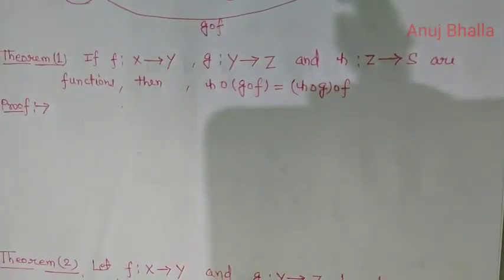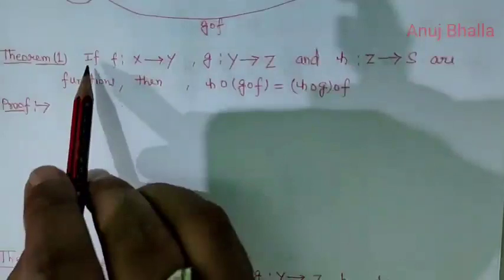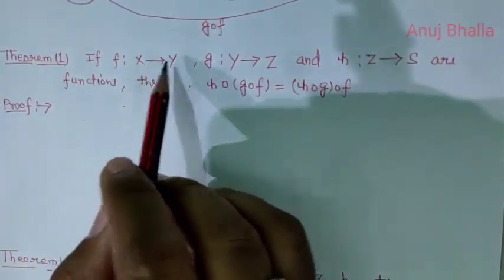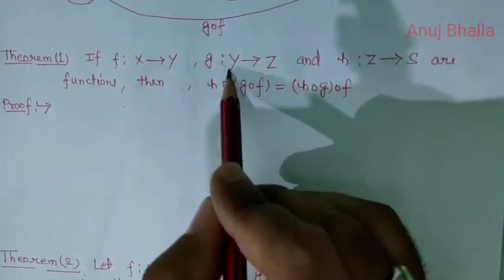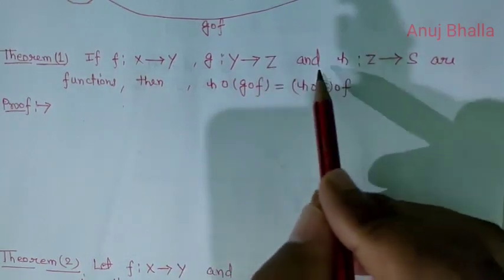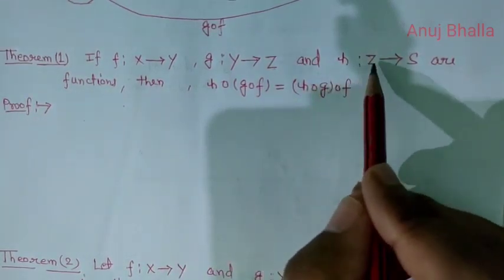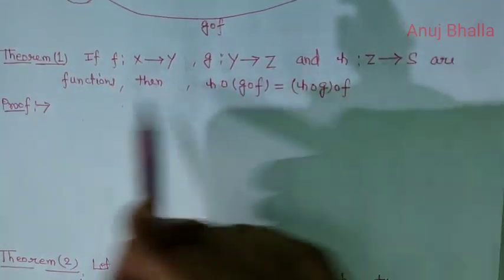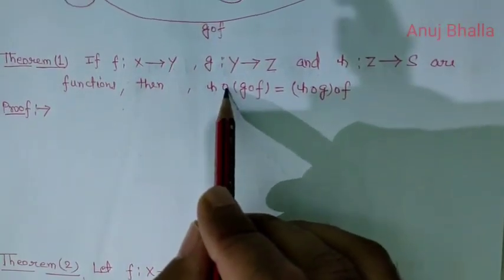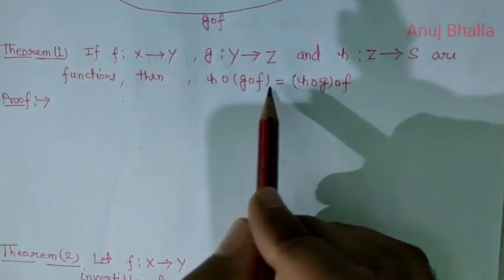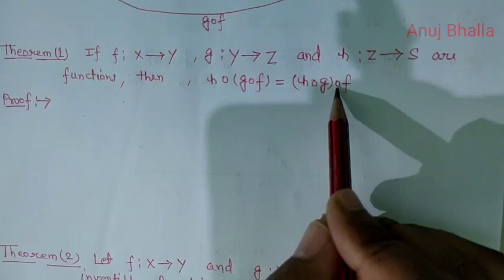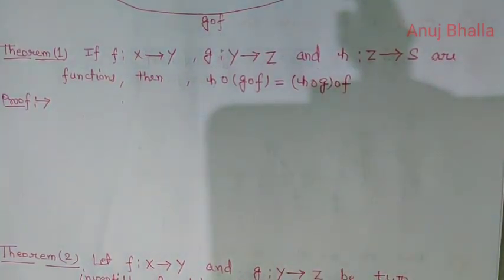Now, theorem: if f from X to Y, g from Y to Z, and h from Z to S are functions, then ho(gof) = (hog)of.